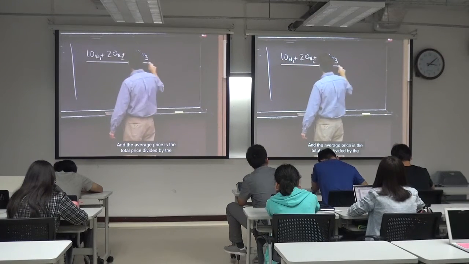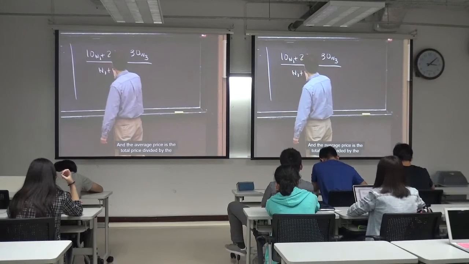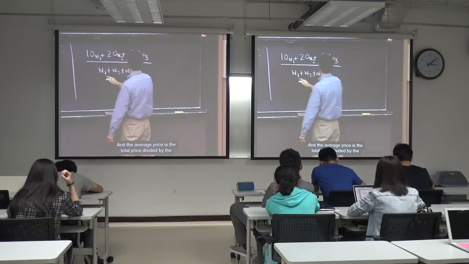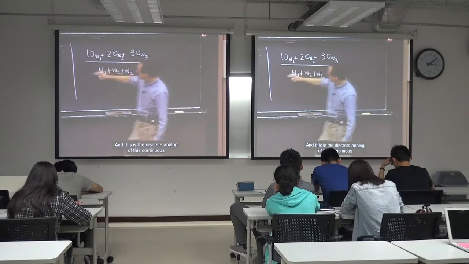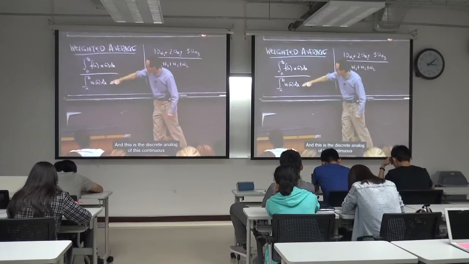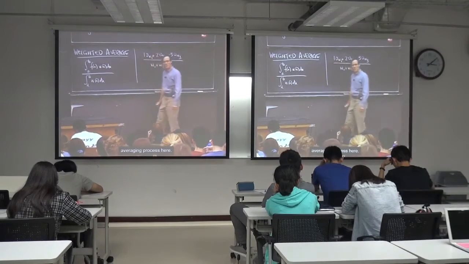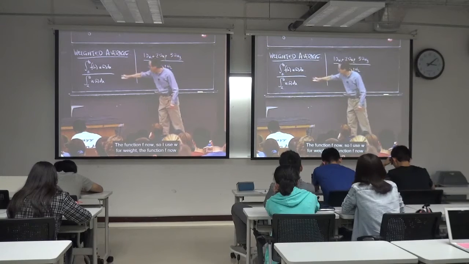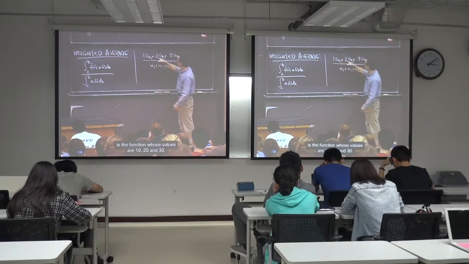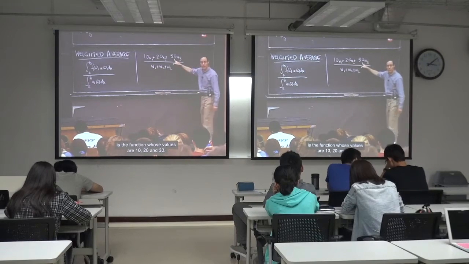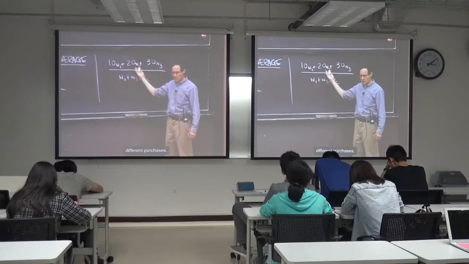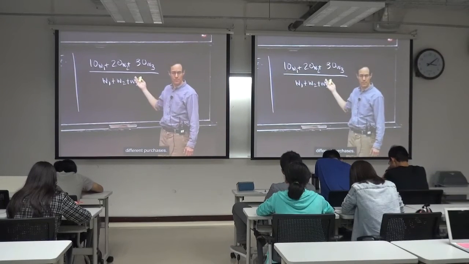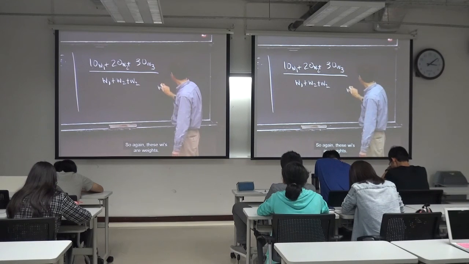And the total price, the average price, is the total price divided by the total number of shares. And this is the discrete analog of this continuous averaging process here. The function f now, so I use w for weight, the function f now is the function's values of 10, 20, and 30. And the weightings are the relative importance of the different purchases. So again, these w_i for the weights.